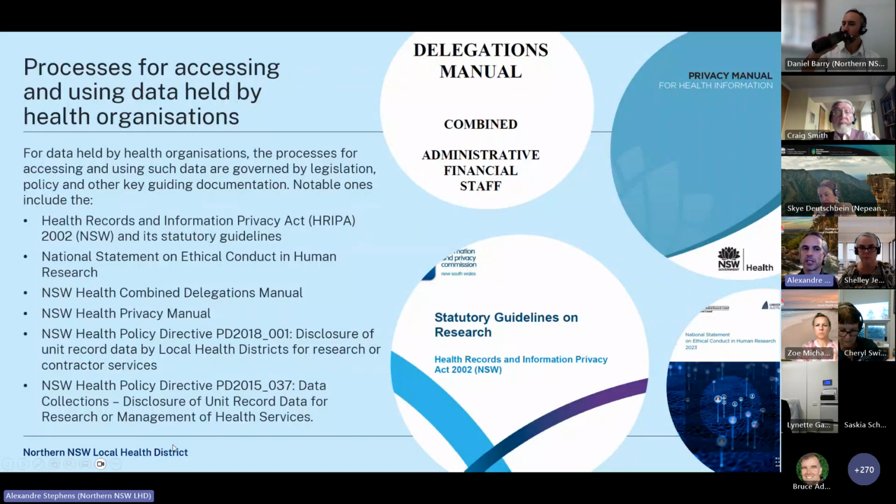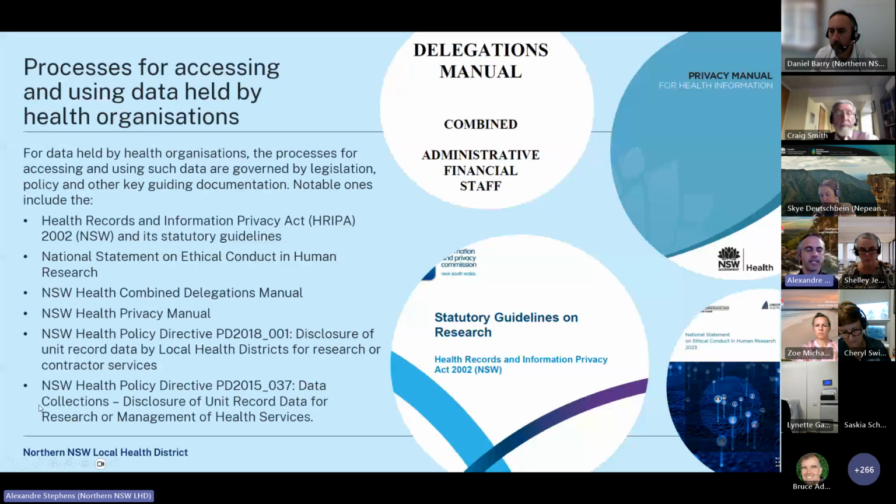This slide's very busy. We're not going to test anyone on this, but it's just to describe that the regulatory or authorizing environment for being able to access and use unit record data is fairly well developed. It's based on legislation, key guiding documentation, and operationalization through policy. A couple of key ones are, for example, the Health Records and Information Privacy Act, and the National Statement on Ethical Conduct in Human Research, a national document. We've got some New South Wales specific ones around guidance and policy.